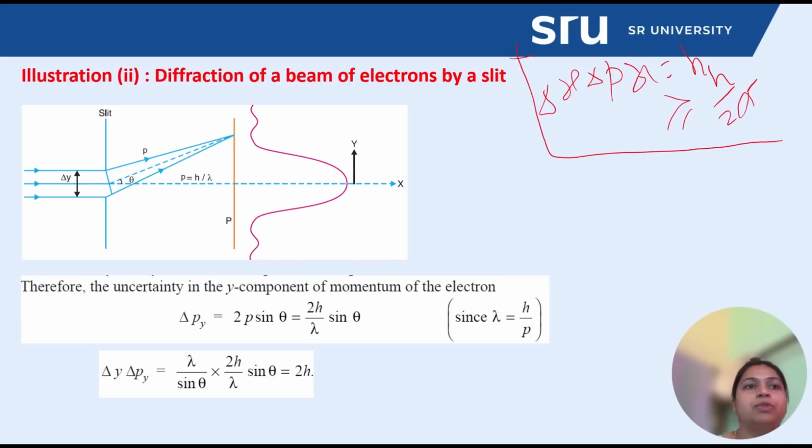So a more sophisticated approach gives delta x delta px greater than or equal to h by 2 pi.